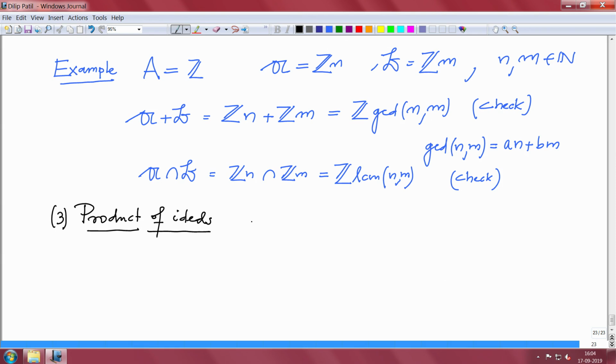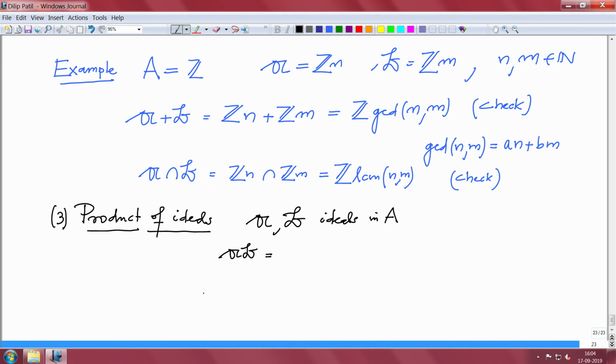Okay, so suppose again, if 𝔞 and 𝔟 are two ideals in the ring A, what should be the product ideal? Obviously it suggests that all products should be there, but the difficulty is that it may not form a subgroup.